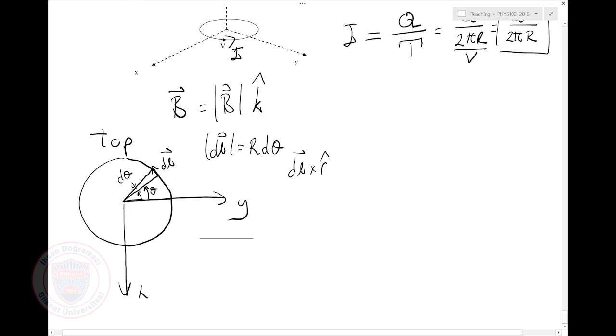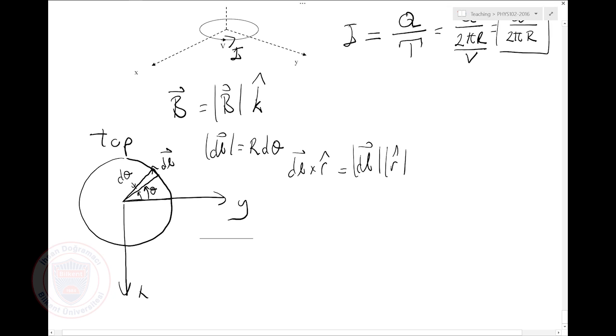dl is tangent to my circle. The r vector, what was the r vector? It was the vector from the current to the observation point, right? So the r vector is like that. dl cross r is along z hat as we expected. So dl cross r will be dl magnitude times r magnitude.